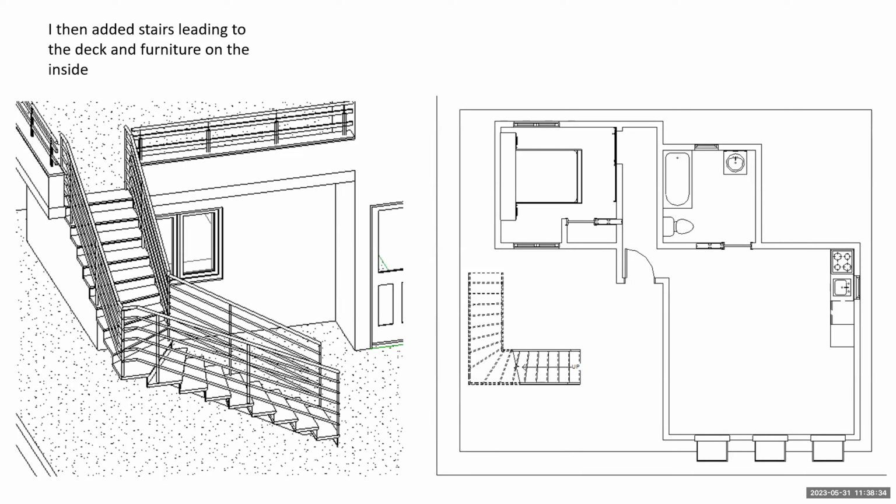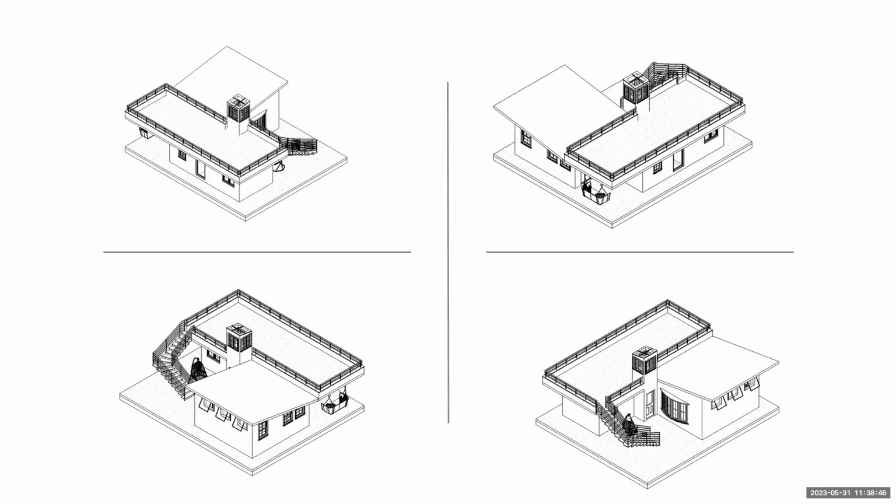Stairs are typically pretty tricky, but I think most of us were able to figure it out pretty well for this semester class. And then here are my 4 axonometric views of my final product.